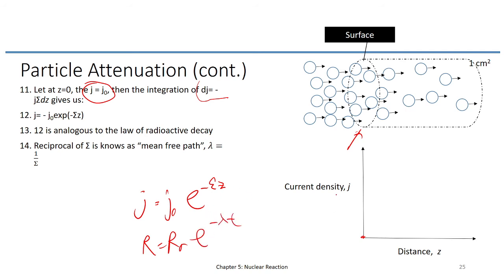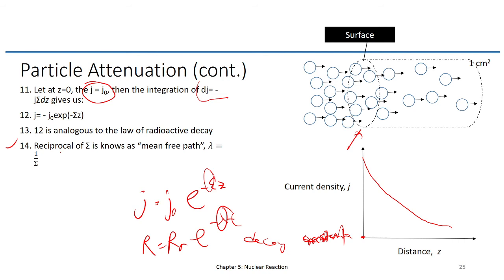So if you try to plot, you will get the reduction of current density with this term. In the law of radioactive decay, lambda is the decay constant. What about sigma?